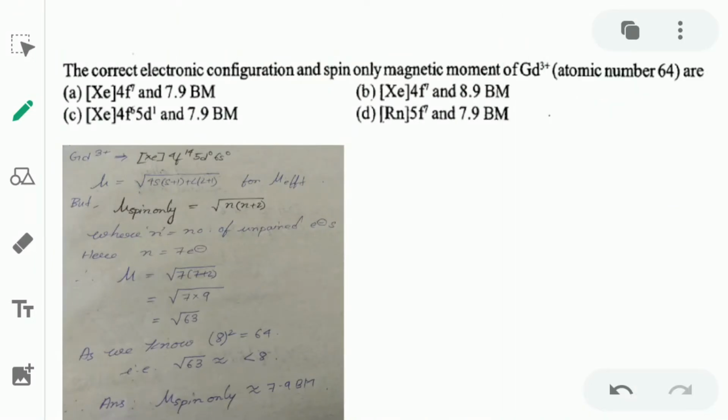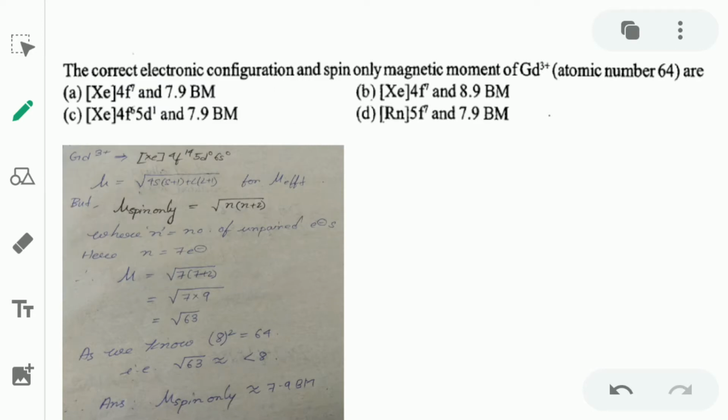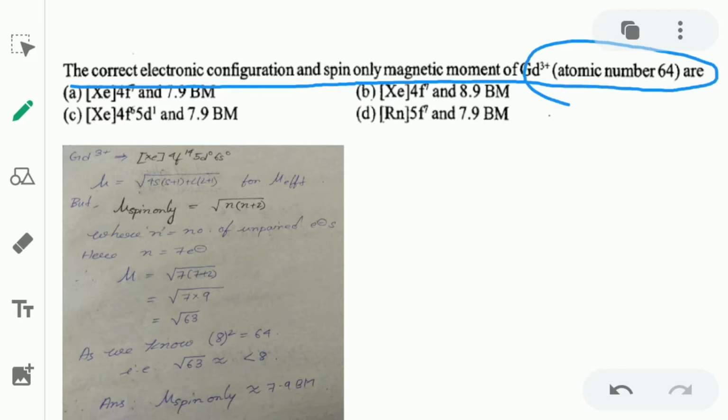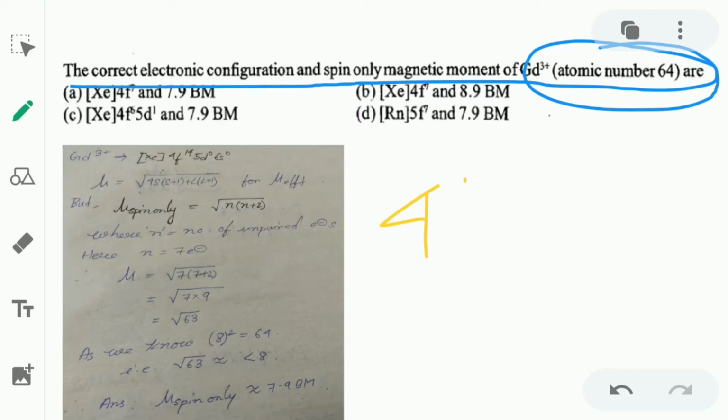The next question asks for the correct electronic configuration and spin-only magnetic moment of gadolinium-3 plus. As we already mentioned, the electronic configuration of gadolinium-3 plus is 4f7, and for that it is half full.